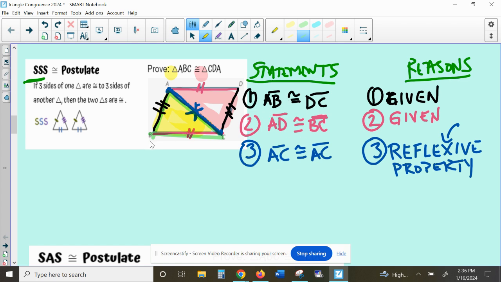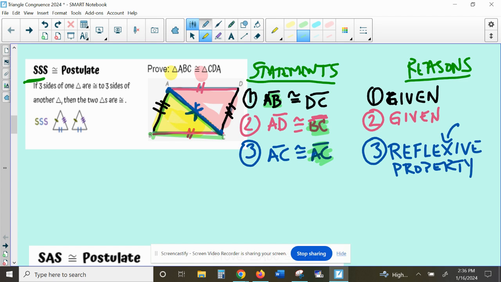I talked about AB right there, BC right here, and AC right here. So do you notice these 3 statements are a side and a side and a side, where I talked about it from this yellow triangle only?